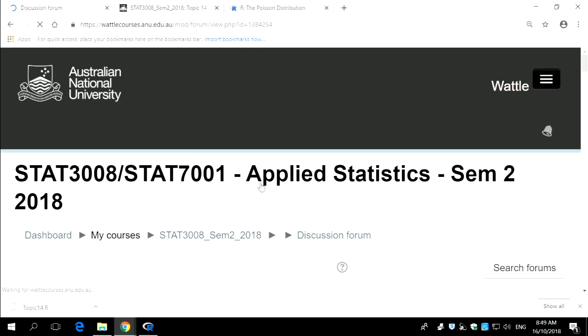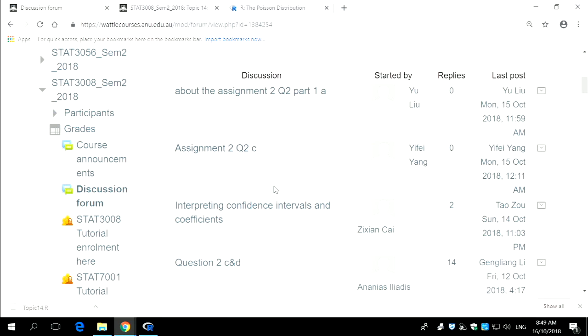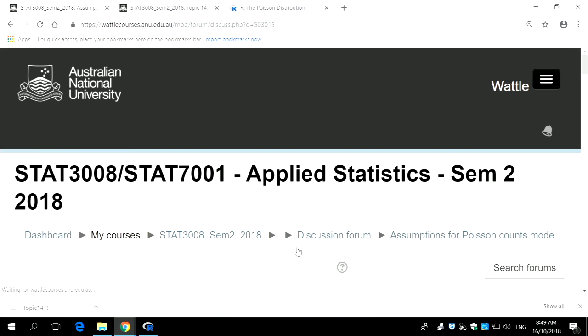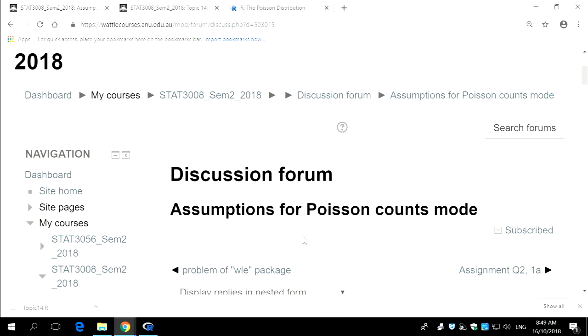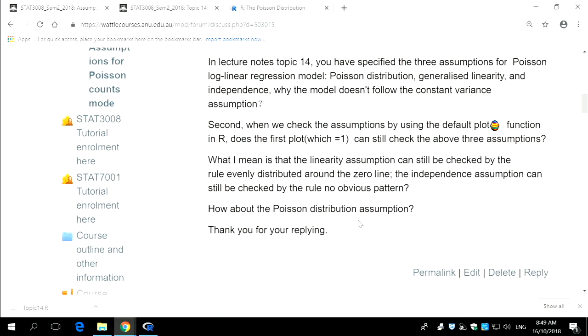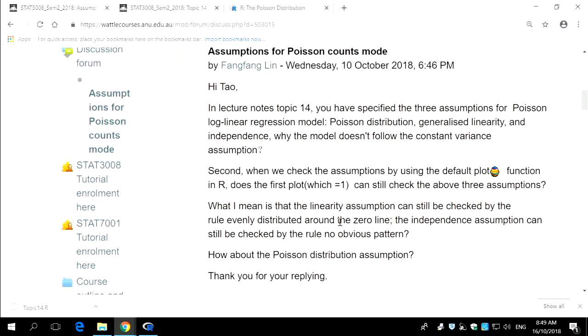Let's look at those questions first, as motivation, and then look at the details of these three diagnostic tools. In this question, the student asked how to diagnose these three assumptions: the Poisson distribution, generalized linearity, and the independence assumption.